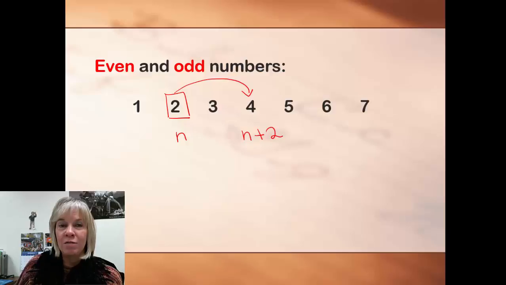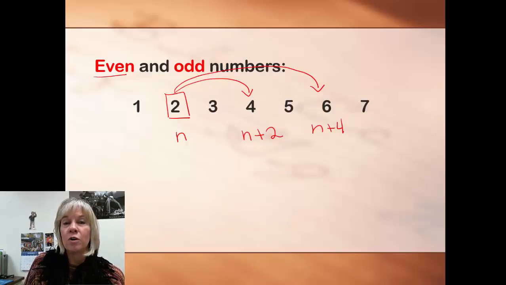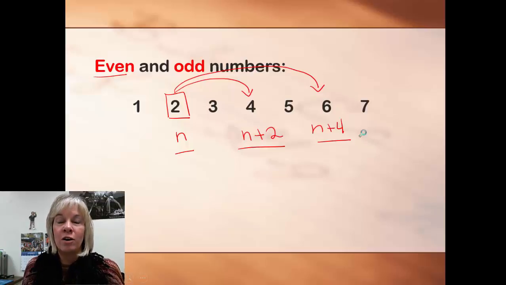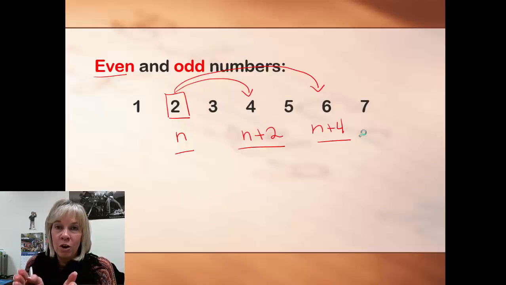Our next even number would be n plus 4, and so on. Remember, you're looking at the even numbers or the odd numbers. Even if you're looking at odd numbers, you still would use n plus 2, and n plus 4. Do not think odd, oh, I have to use n plus 3, n plus 5. No, because you're just skipping over one number in between.